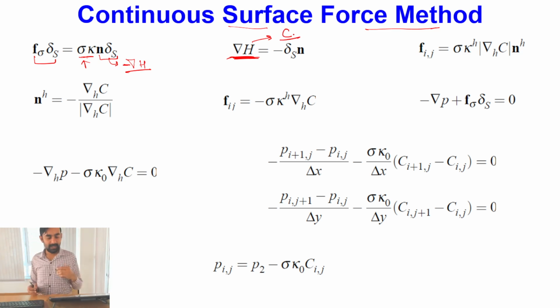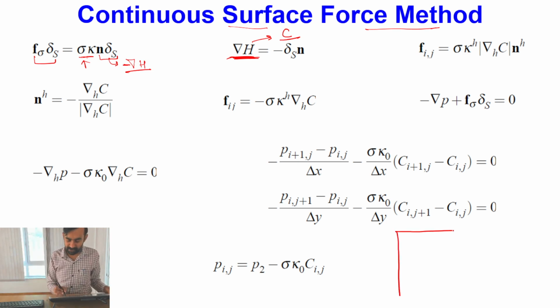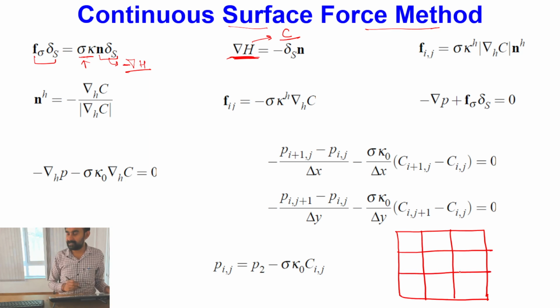Okay, so what I need to do, because I am trying to calculate the surface tension in a discrete manner, is define it in terms of indices i and j, because whenever we go for numerical implementation, we can do that only in the form of i and j.